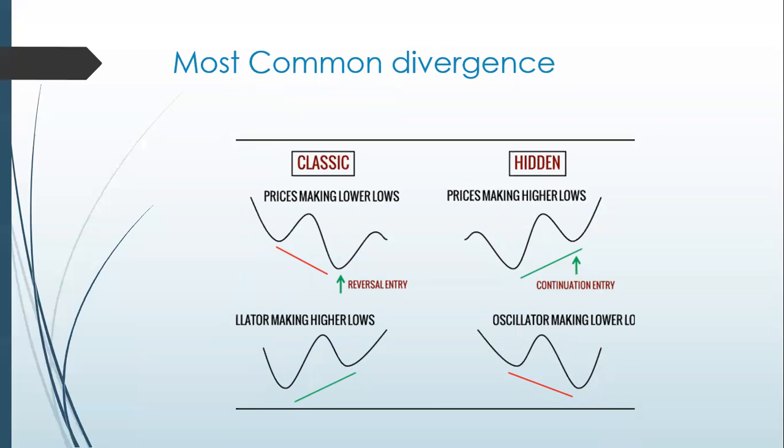This is an example here. These are two of the most common divergences found in any market, right? For classic divergence, price has to continuously be making lower lows, while on the oscillator, it has to be making higher highs, right?